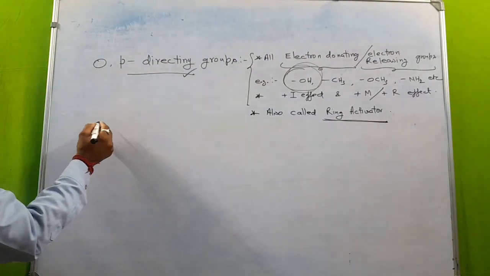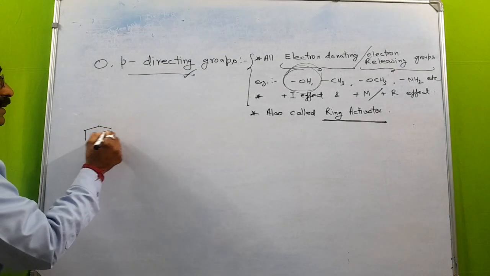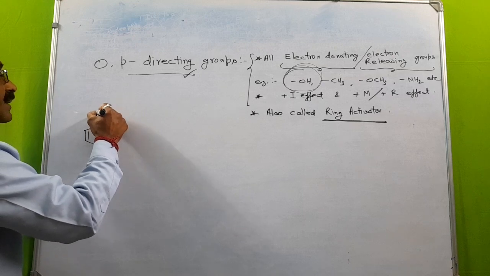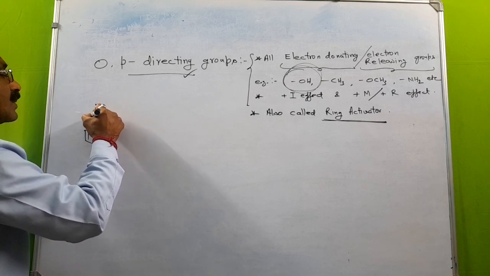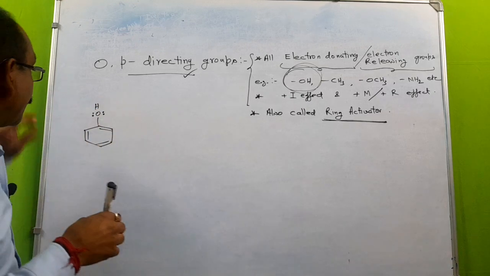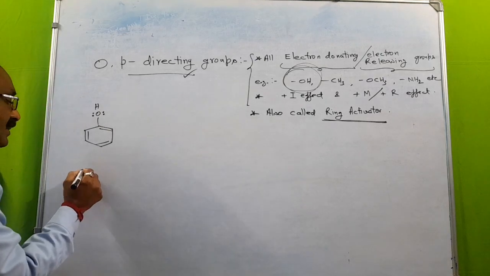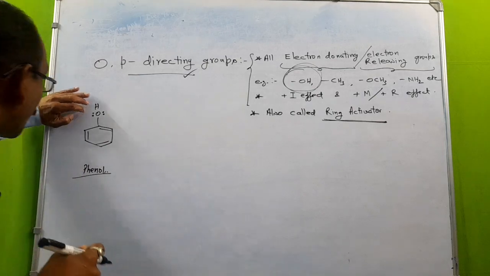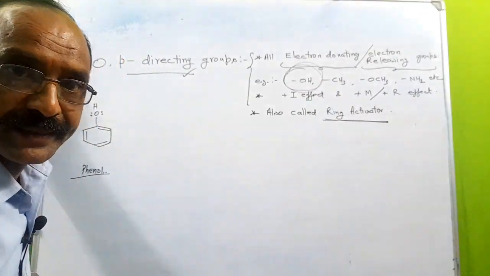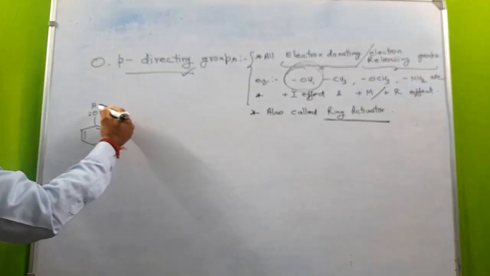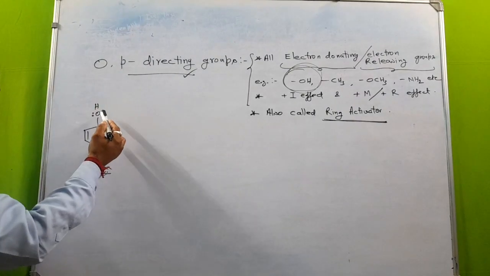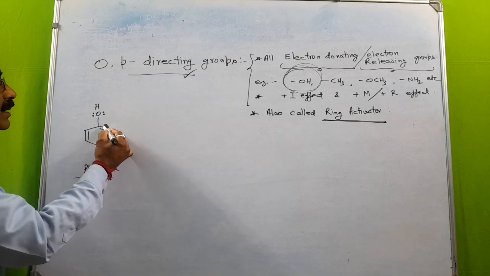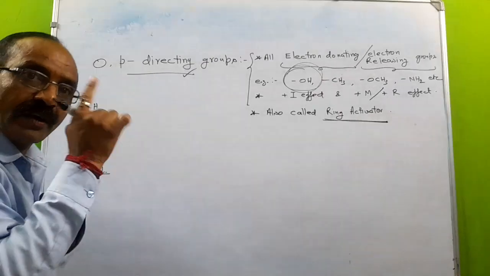Is it clear? See, let this one be a benzene ring and here it is an OH group. This one is the phenol. Here the oxygen has two lone pairs, and this lone pair is in conjugation with the ring. See here, double bond, single bond, double bond, single bond, and lone pair.